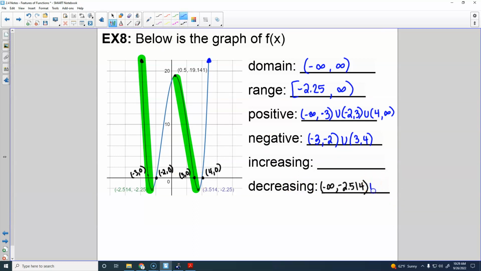So I also decrease from the x coordinate right here, which is 0.5, up to the x coordinate here, which is 3.514. My general philosophy is that that point right there is where you're switching.